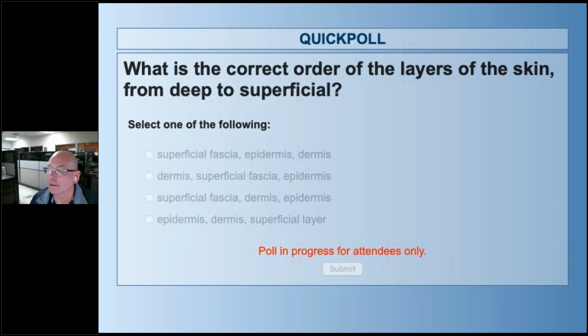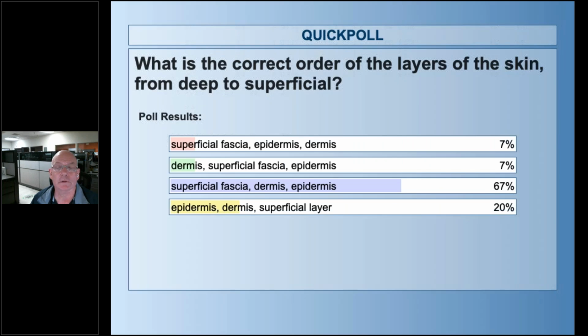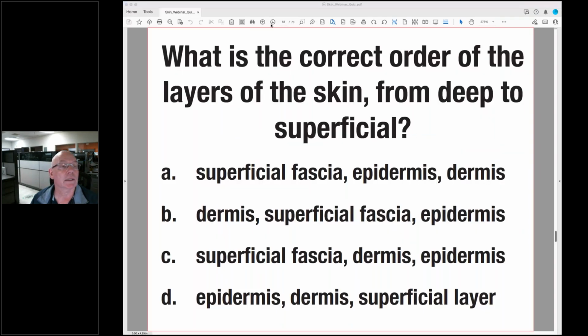I'm going to close the poll. Two-thirds of you said superficial fascia, dermis, and epidermis, and that would be the correct answer. Know that: superficial fascia, and then dermis, and then epidermis.